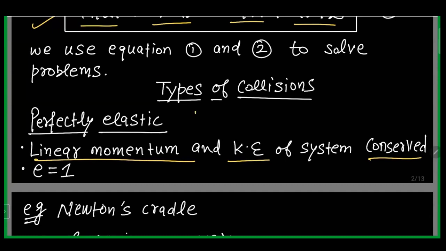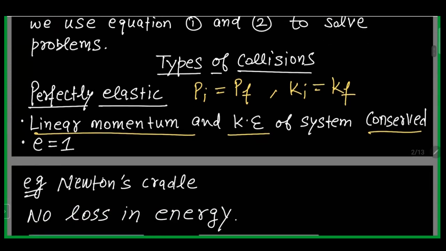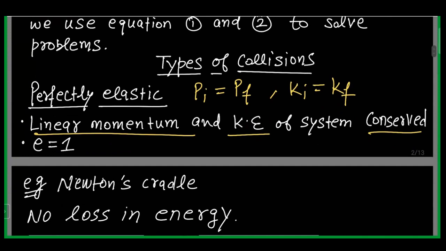Whatever is your initial momentum and whatever is your final momentum, they will be equal. Similarly, whatever is your initial kinetic energy and whatever is your final kinetic energy will also be equal. This you should always remember. And in perfectly elastic collision, the value of coefficient of restitution will be 1.